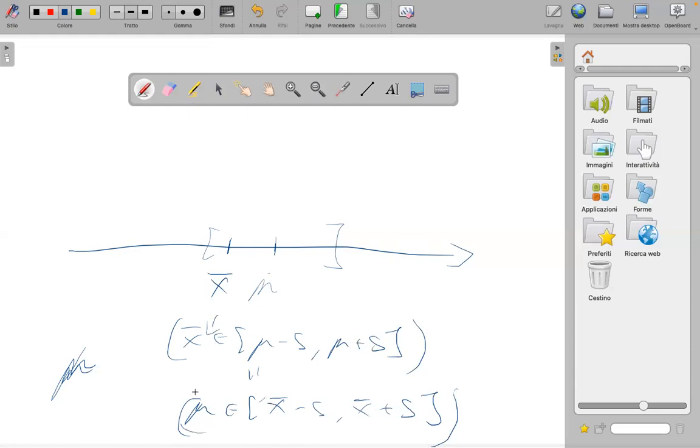But the unknown is mu, the thing you want to estimate.